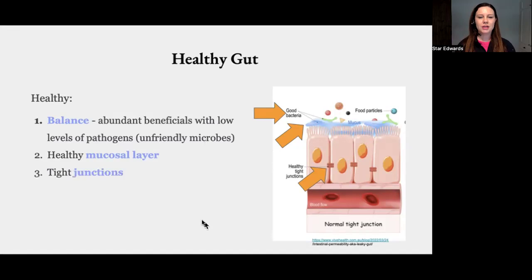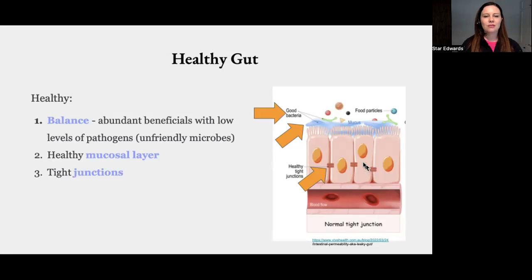Third, we want healthy tight junctions. This is the opposite of leaky gut. When you've heard about leaky gut, this is what it's referring to. And in this arrow, you can see it's almost like a gate with a lock on it. You've got these little locks, and that's the tight junctions.